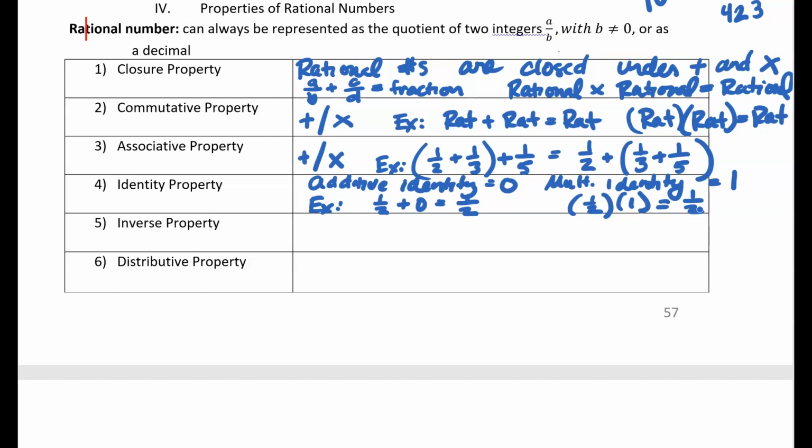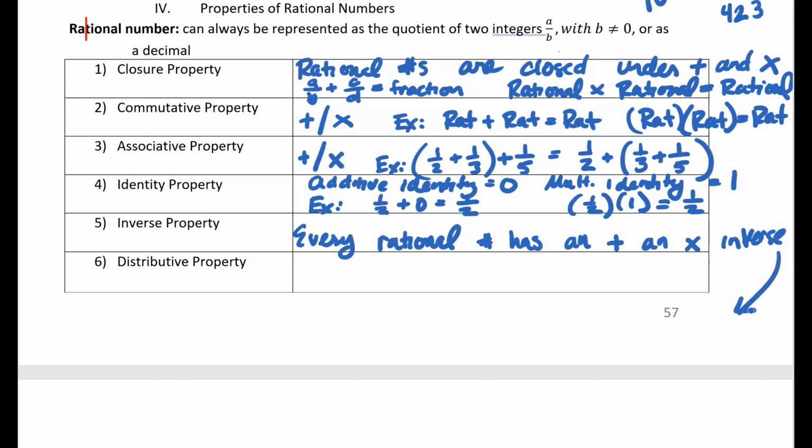And then the inverse property. So every rational number has an additive and multiplicative inverse. And I'm going to come down here and write examples for those.